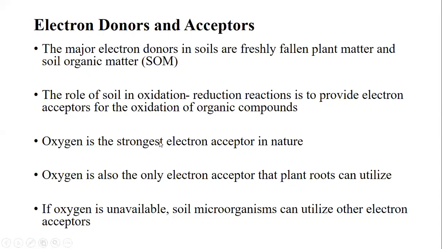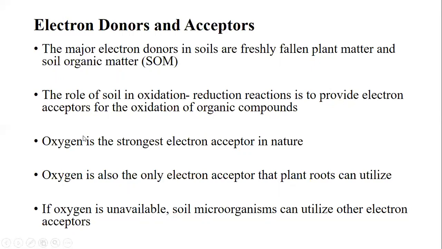Oxygen is the strongest electron acceptor in nature. Of course, when we say oxygen here, remember we talk about O2, the gas present in nature. If it accepts electrons, it changes from O2 with zero valence to O2-, with two negative charges.